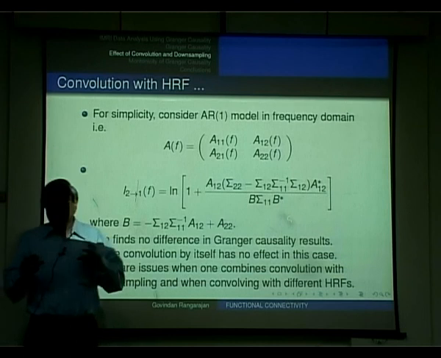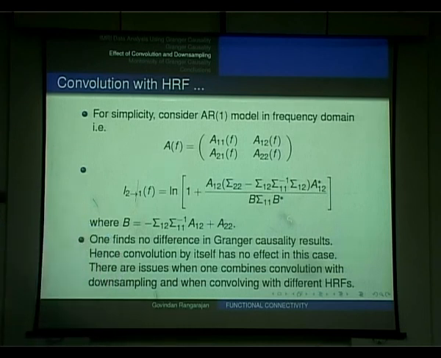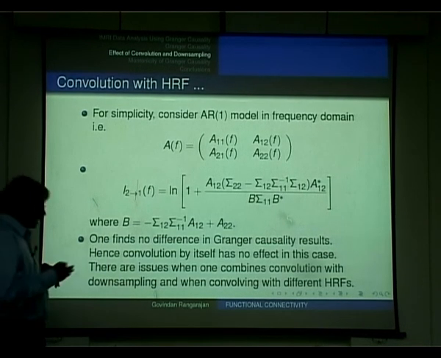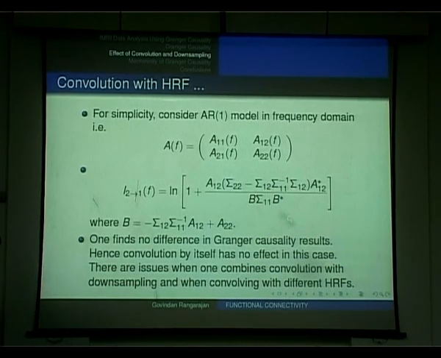That is, the Granger causality at the neuronal level gets exactly mapped to the causal effect between the two regions at the BOLD level, at the fMRI level. There are some complications if you have different convolutions in different regions, and we will handle that numerically later on. There are some issues which I'll talk about later. So in the simple case, convolution has no dramatic effect on Granger causality.